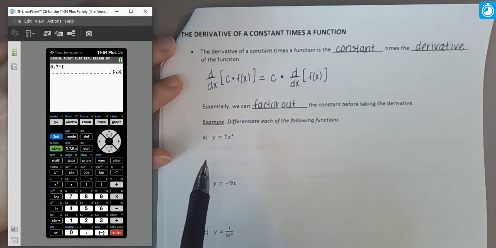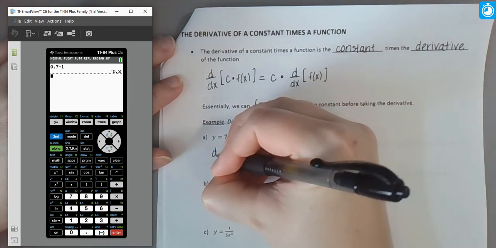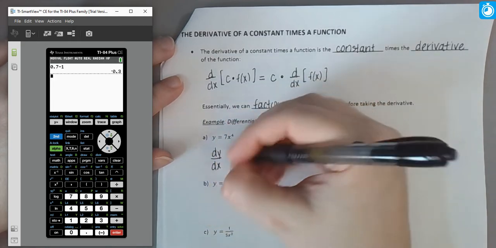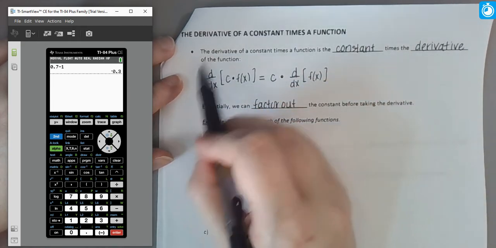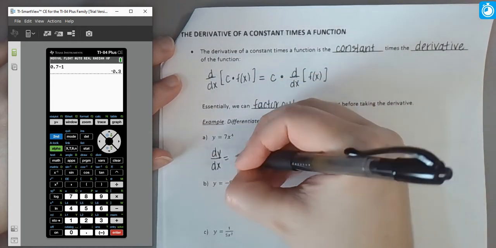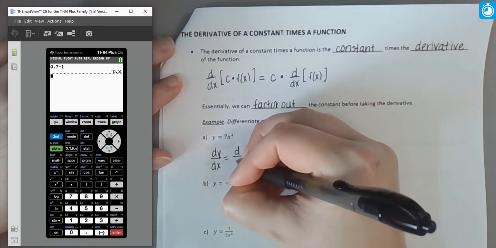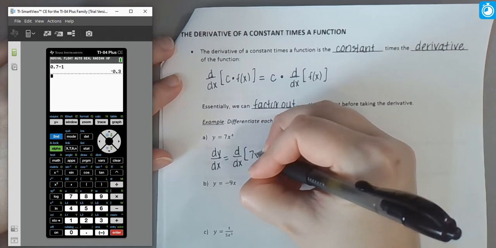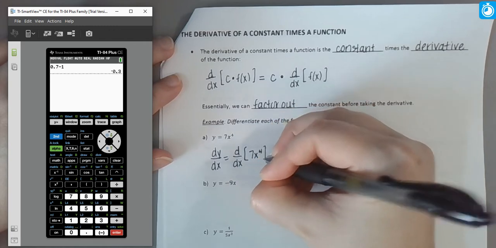So our first function is y is equal to 7 times x to the 4th power. So the derivative of y with respect to x, let's write it in this really formal notation. So that's going to be the derivative with respect to x of our function, 7 times x to the 4th power.